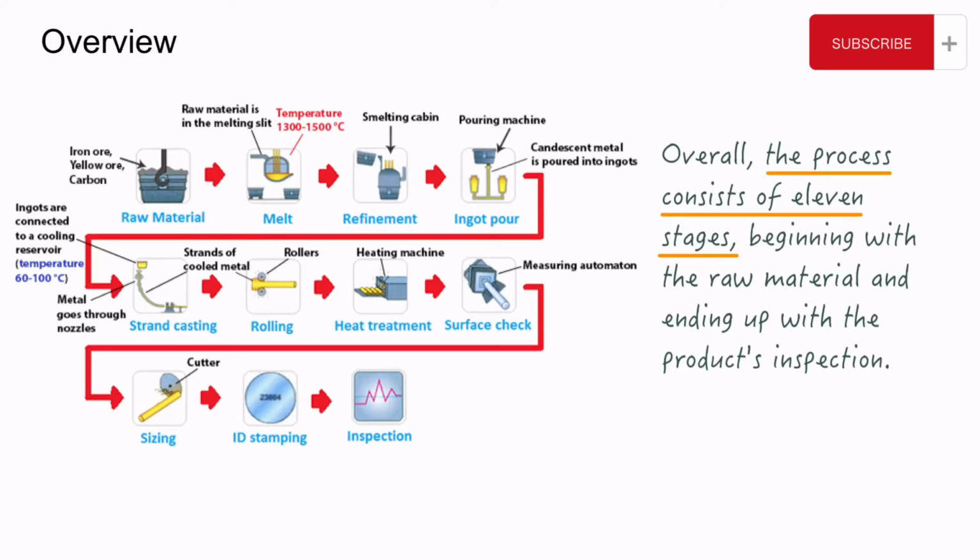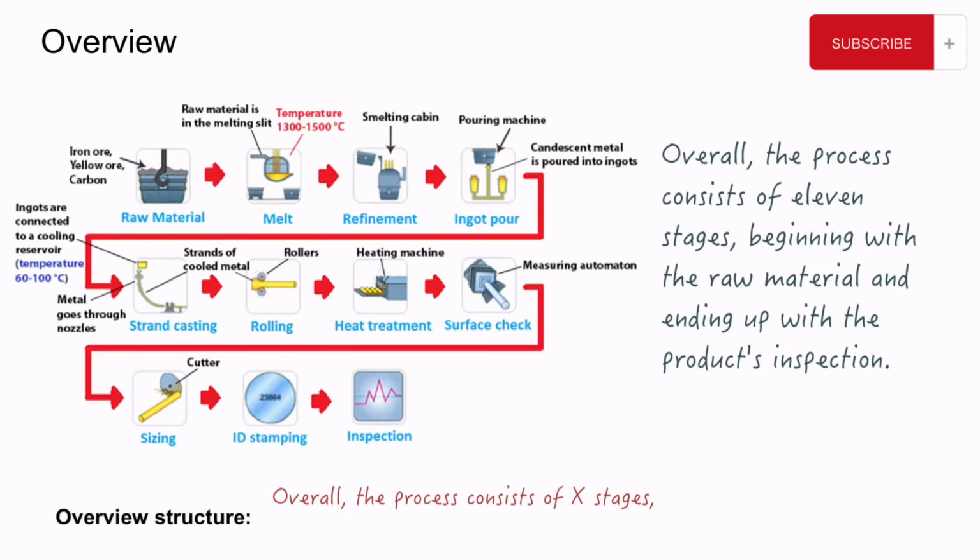And I also wrote how our process begins and ends. For this, I used the phrases, beginning with and ending up with. So, this is how you should structure an overview. Overall, the process consists of X stages, beginning with something and ending up with something.